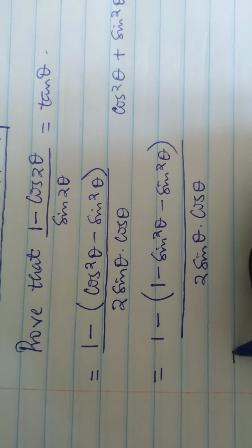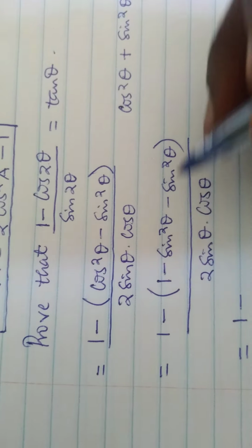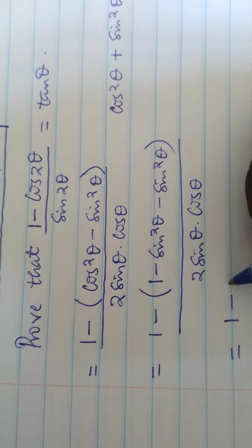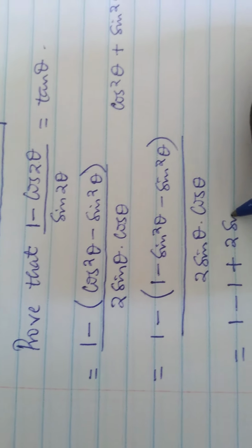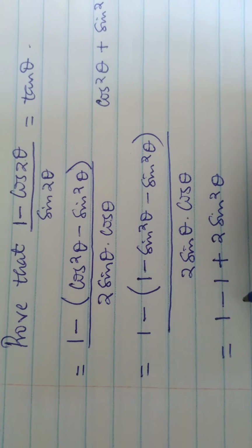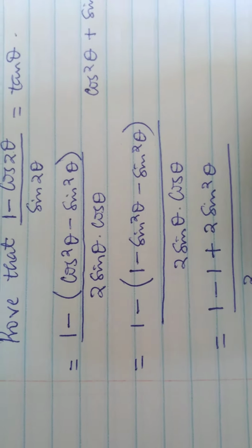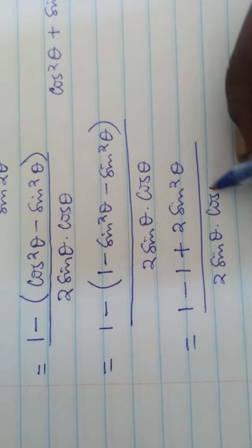So this will be equal to, now 1 minus, so this one will be minus 2 sine squared theta, so it will be 1 minus 1, then plus 2 sine squared theta over 2 sine theta cos of theta.